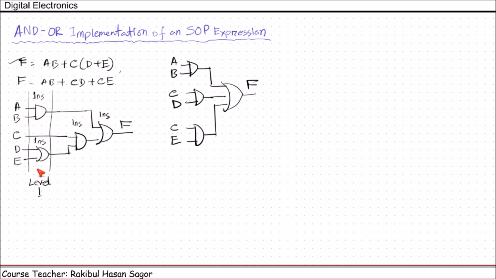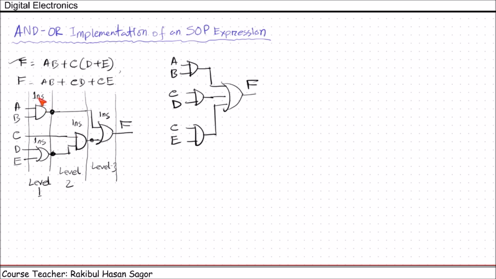Now, in the first level, after the first 1 nanosecond, we'll get this output ready. Unless we get D plus E, even though the C input is available, the output available here will not be correct because D plus E is not available. So once D plus E is available, it will go for the second level. This is level 2. And finally, this is level 3.